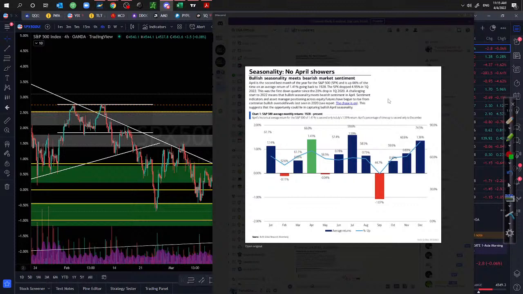But this past quarter, we saw a pretty big drop in the S&P 500. So that was a pretty challenging start to the year. And remember that our sentiment for this year, as we have been mentioning over and over again since last year, is that we are expecting low, single-digit growth in the S&P 500 this year, mainly because of headwinds.